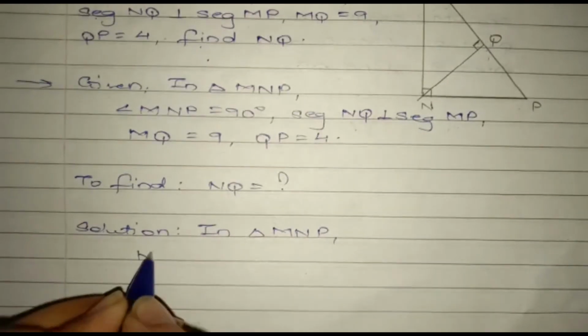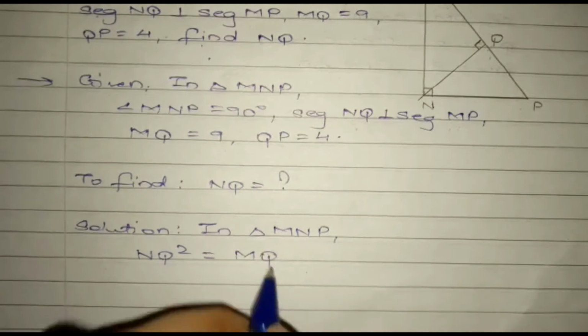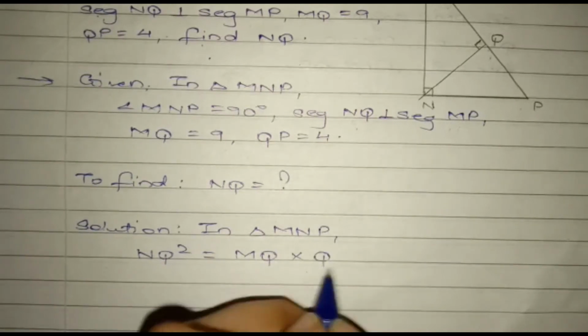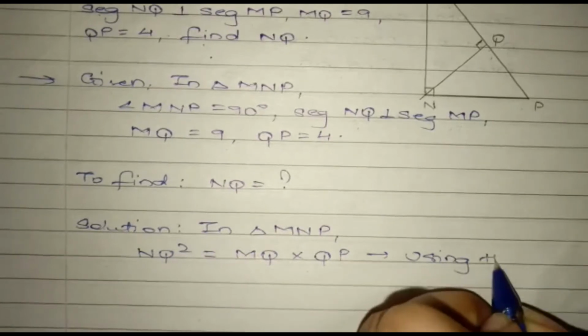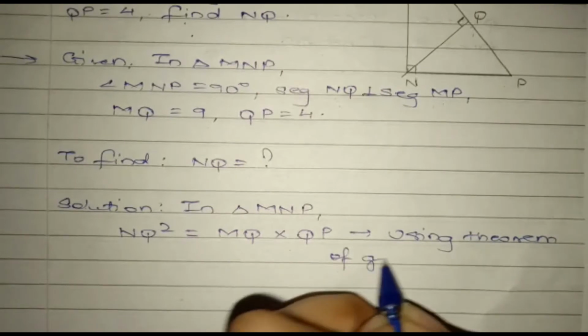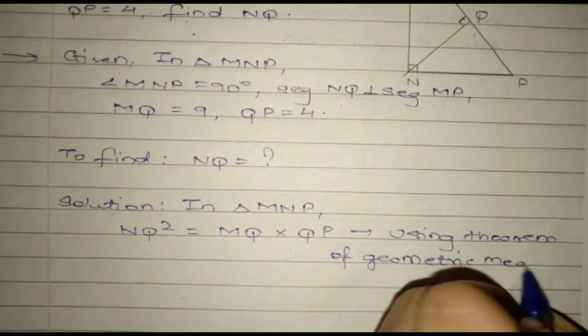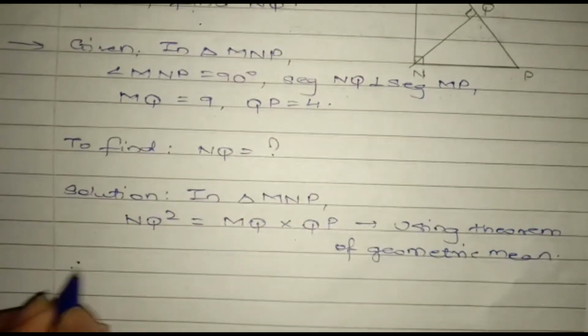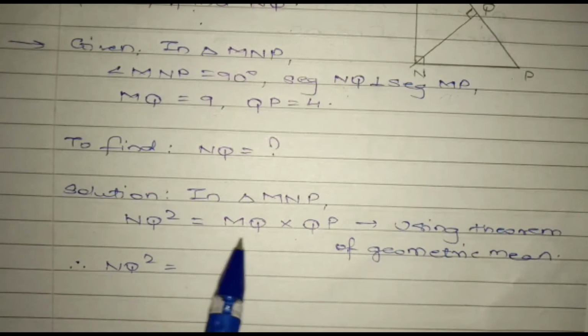In triangle MNP, NQ square is equal to MQ into QP using the theorem of geometric mean. So NQ square is equal to, what is MQ?